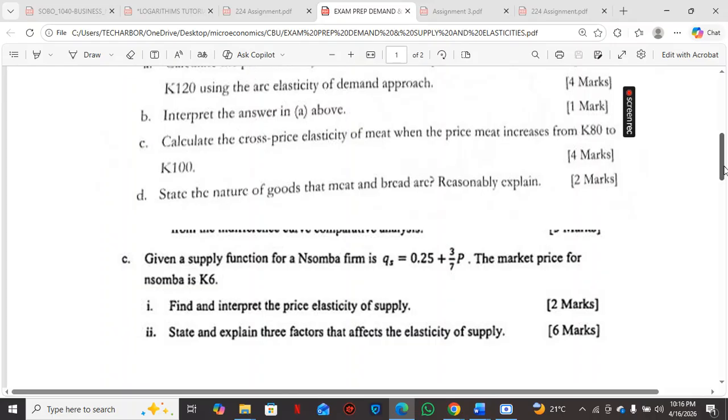They would want to produce more so that they make more revenue, which can also translate to more profits. But in reality, it's not all the time that when the price increases, every supplier or seller is going to just increase production. There are constraints. You can't just increase production just anyhow. You need maybe more workers, more capital, or more land.